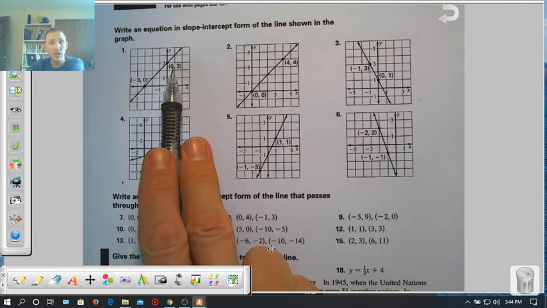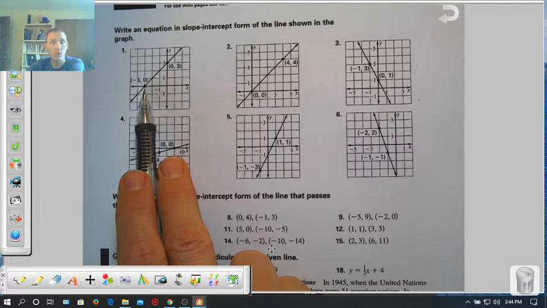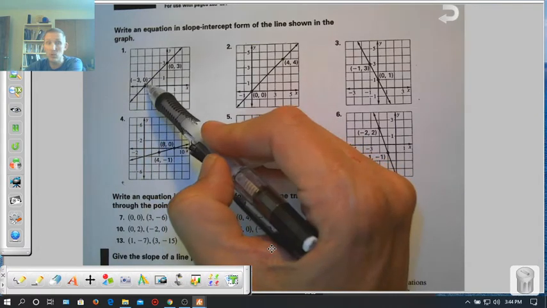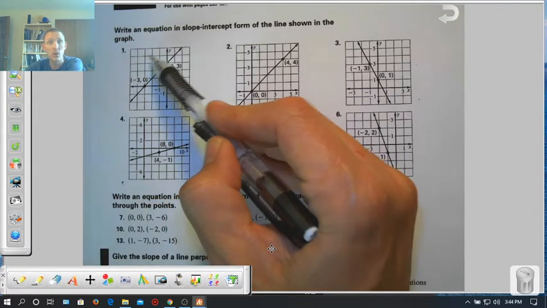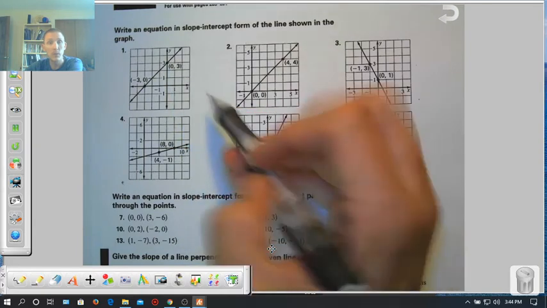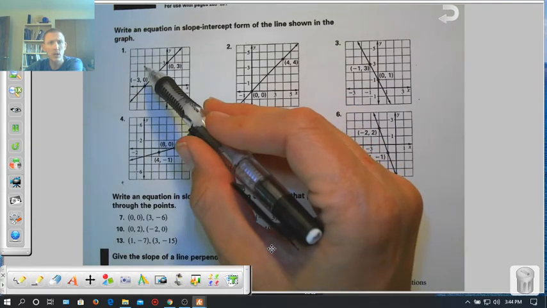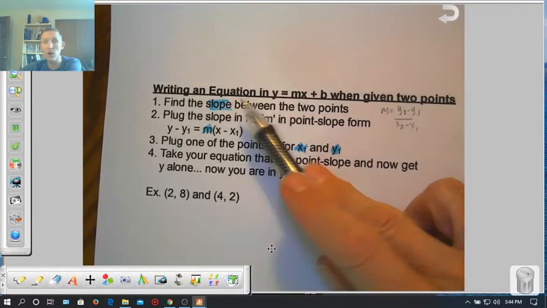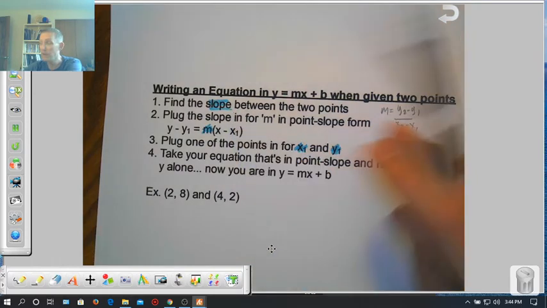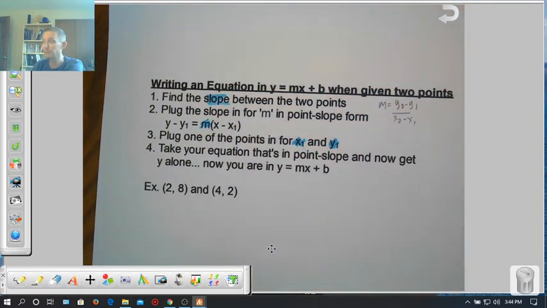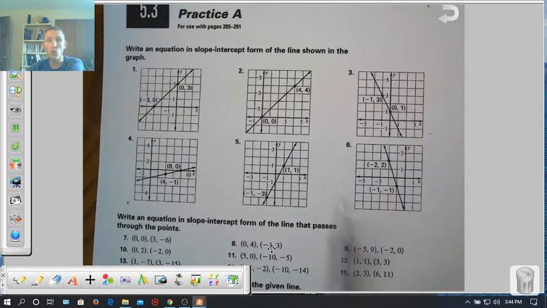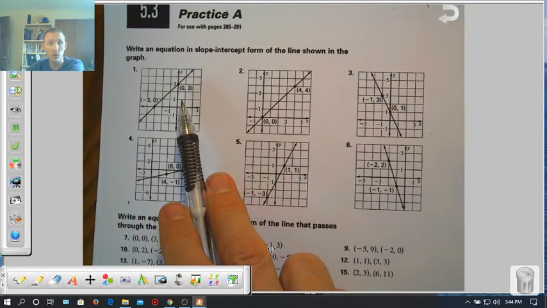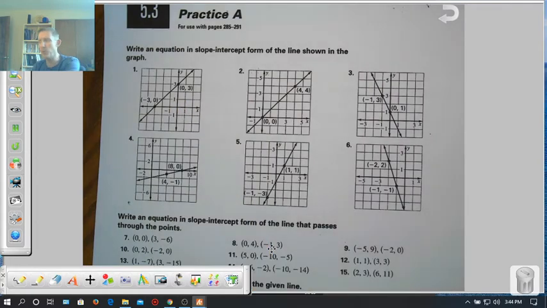We can find the slope using slope formula, but on this example, you could actually do rise and run to find the slope. I could rise 3 and run 3 and get my slope that way. So when you start looking at step number 1, finding the slope, I can use the formula or I can use rise over run. And those are going to use the slope skills from earlier in the week.